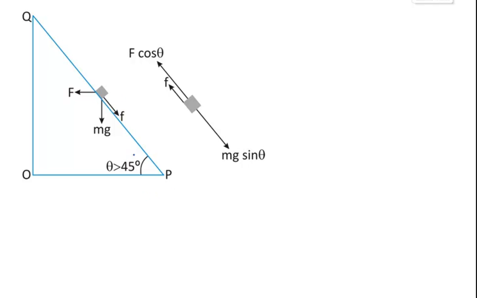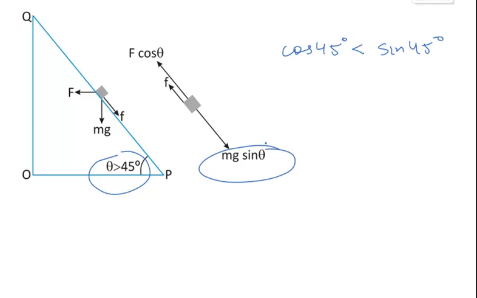Similarly, if the angle is more than 45 degree, then F cos theta will be less than mg sin theta, which means that the component mg sin theta is more in comparison to F cos theta. That means the body is tending to go downwards, but because of frictional force, it is stationary.